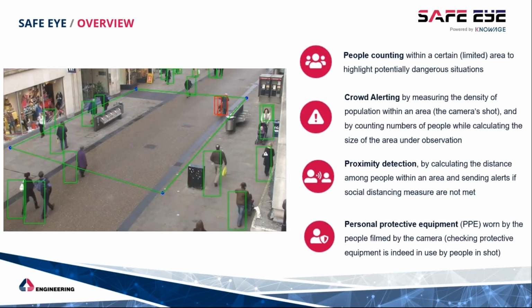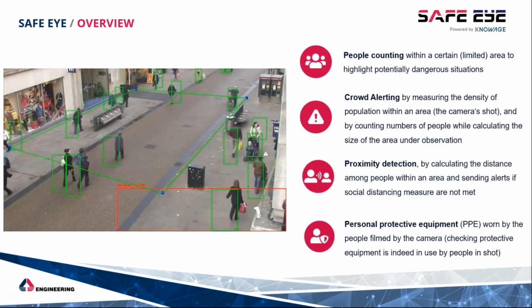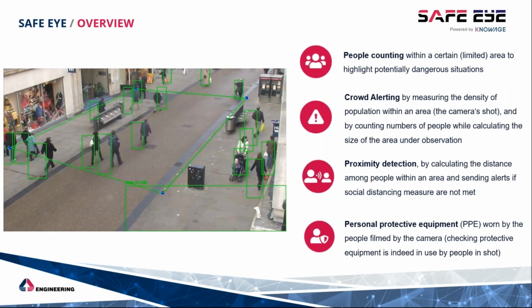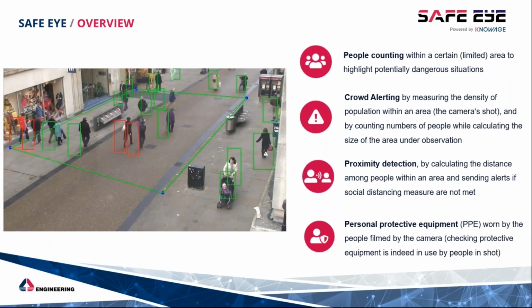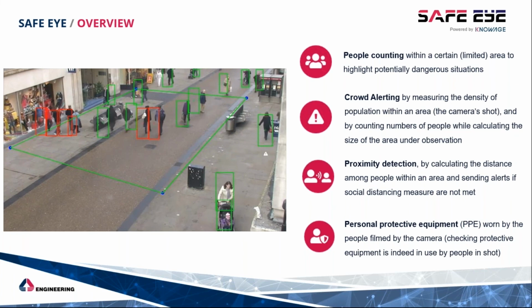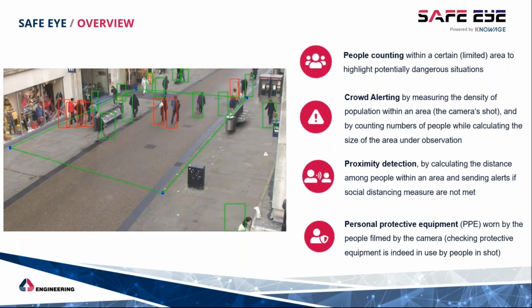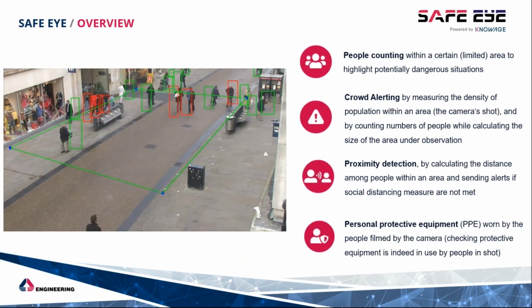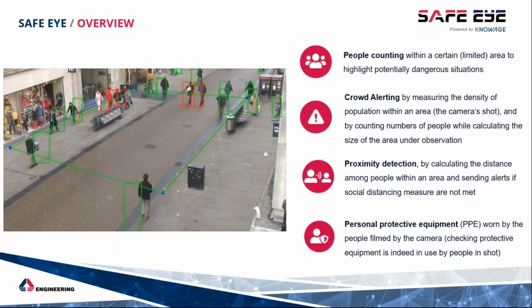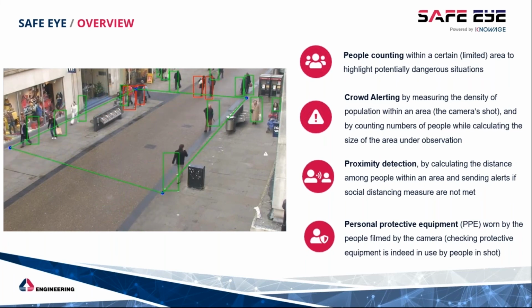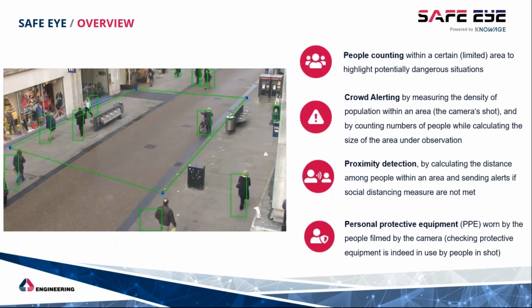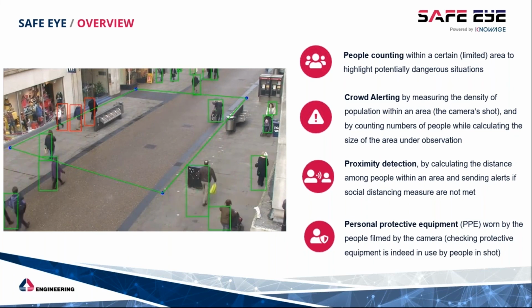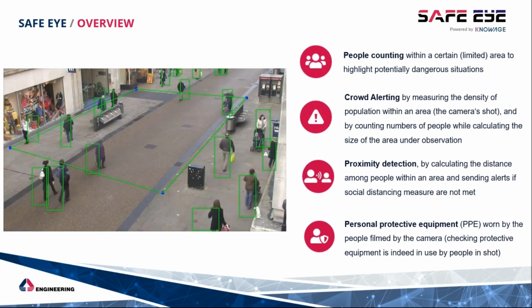SafeAI is an AI-based video and image analytics solution to monitor that social distancing is maintained by people in public places. It can be used to protect public health by helping people comply with social distancing measures in this COVID phase.